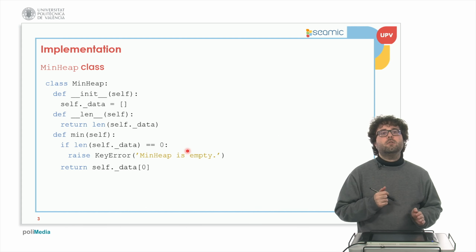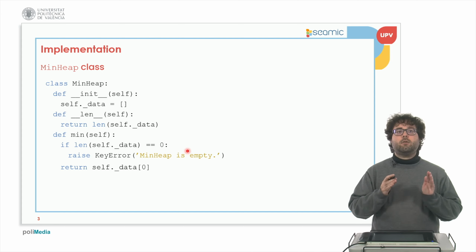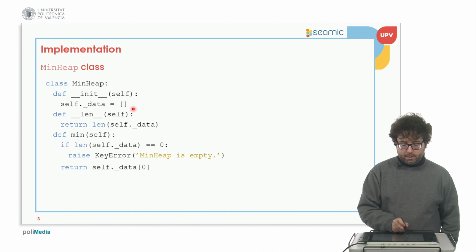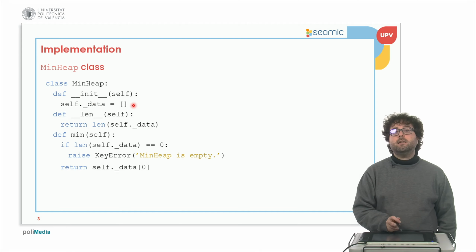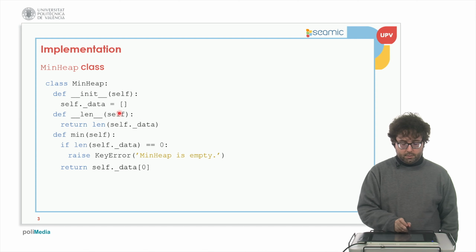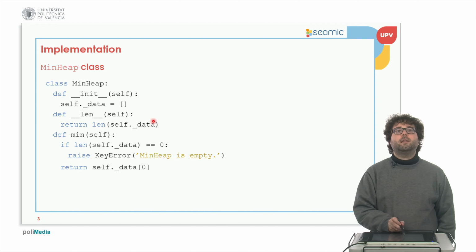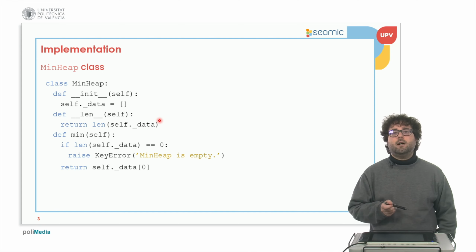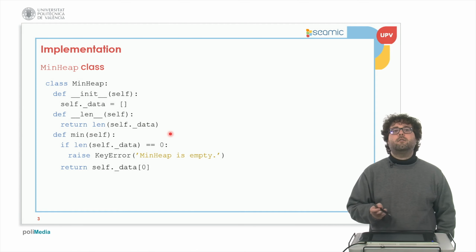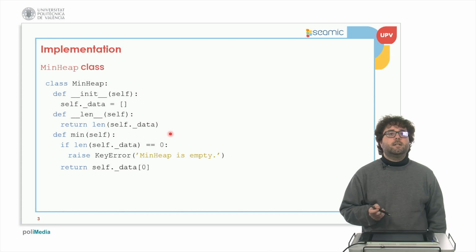First of all, what we're going to do is introduce our class MinHeap, which has the following structure. The constructor of the heap only contains a data list, which is the list in which we will be representing our heap. As already mentioned, the length will be done just by overwriting the standard length method for classes, and it's as simple as returning the length of the list.